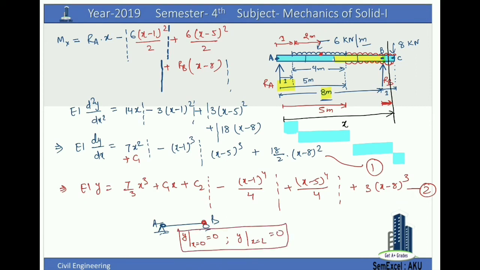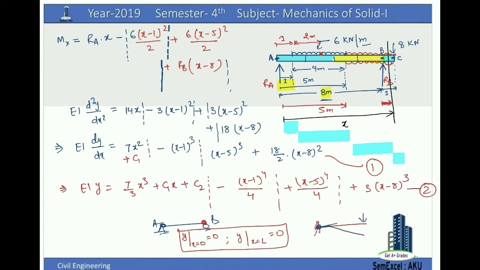But if we have a cantilever beam, in this case we know the slope at this point is equal to 0. Deflection, if there is any load, the deflection pattern would be like this. Here slope is 0 and deflection at this point is 0.